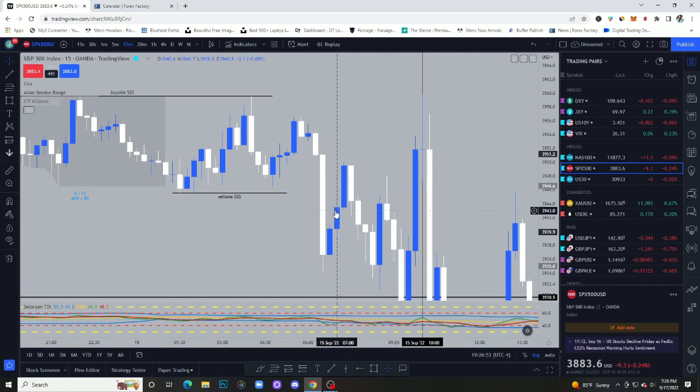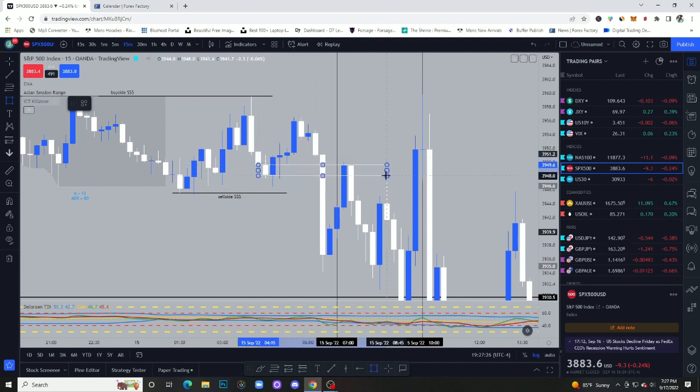If I would have been on the charts at 7 a.m., I'm immediately looking for either a fair value gap or a breaker block of some sort, because breaker blocks and fair value gaps tend to be close to one another. So if you see a breaker block, most likely it's going to be in between a fair value gap. So I'm going to go ahead and identify the breaker block right here.